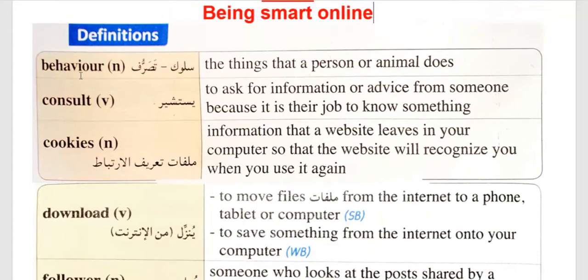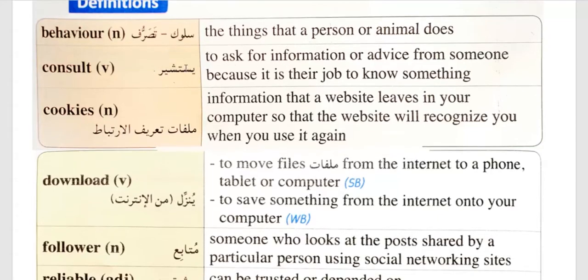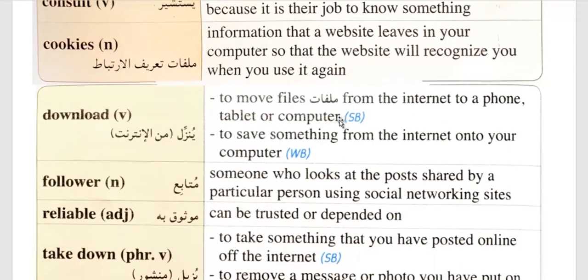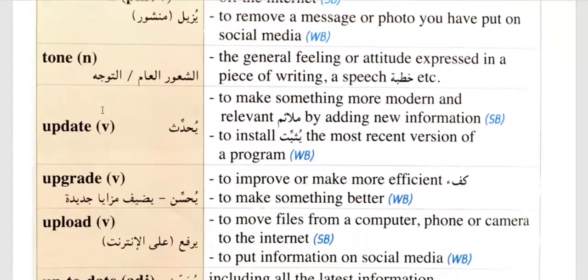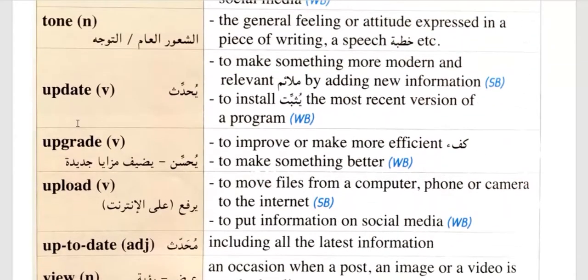Let's study definitions together. We have here behavior, the things that a person or animal does. Consult, to ask for information or advice from someone because it is their job to know something. Cookies, information that a website leaves in your computer so that the website will recognize you when you use it again. Download, you have to differentiate between download and upload.